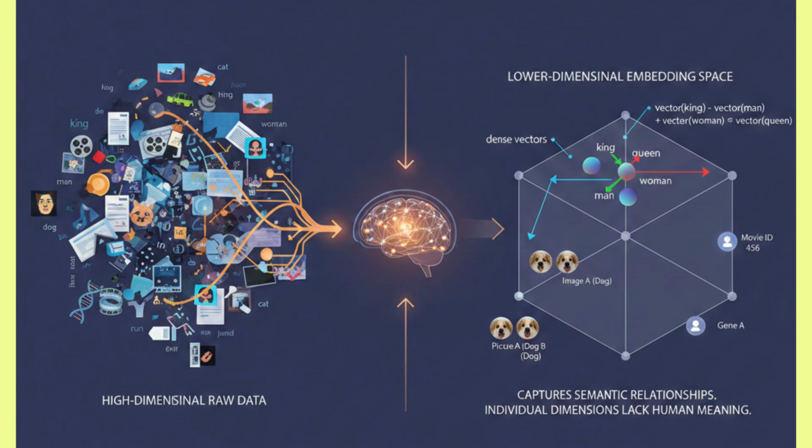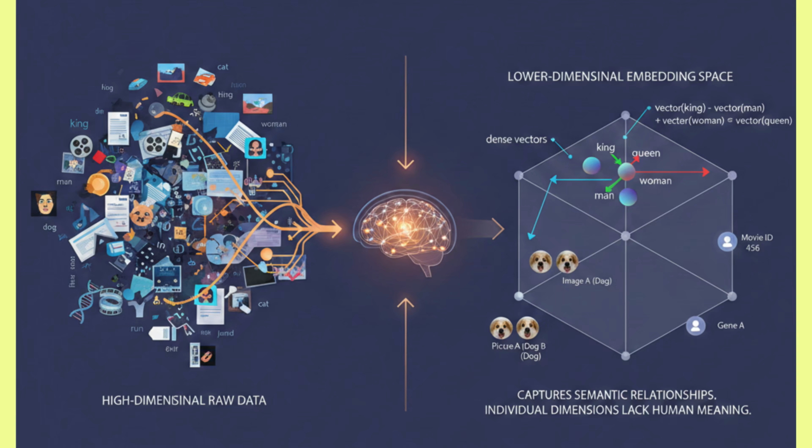Instead of being explicitly defined, the model learns to map data, like words, images, or entire documents, into a lower dimensional vector space. The key is that this process captures latent, abstract relationships and semantic similarities between data points.